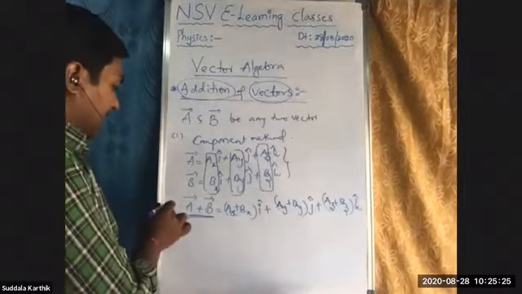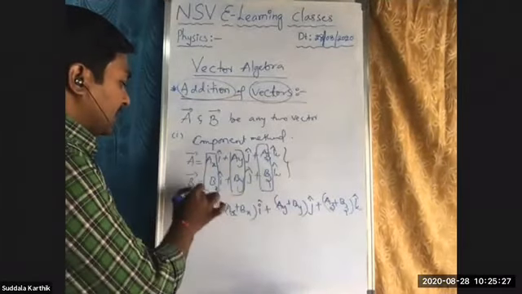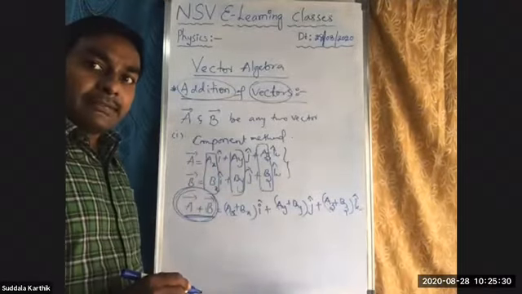This is the resultant of the addition of the two vectors a bar and b bar.